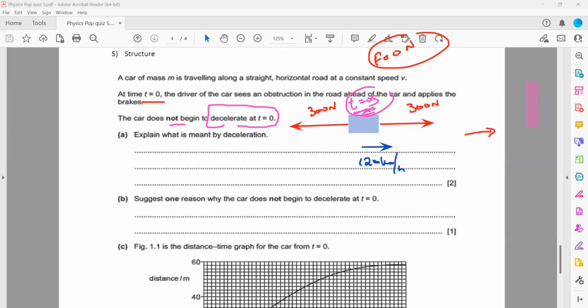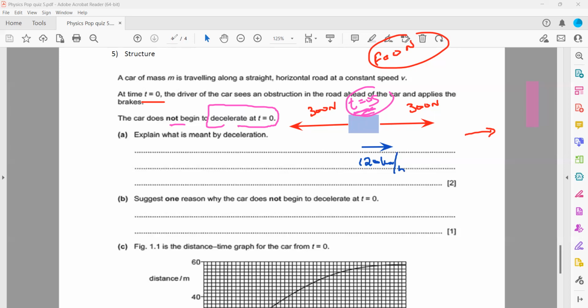He will take time to press the brake pedal. That's why the car does not decelerate at time equals 0 seconds. It's not like the car decelerates the moment the driver sees the obstruction.